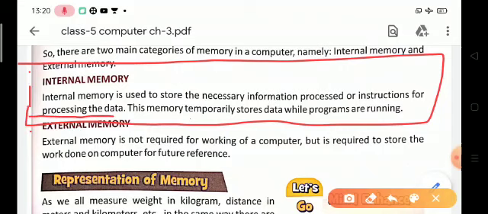This memory temporarily stores data while programs are running. RAM is the best example of internal memory. RAM, random access memory, stores data temporarily.